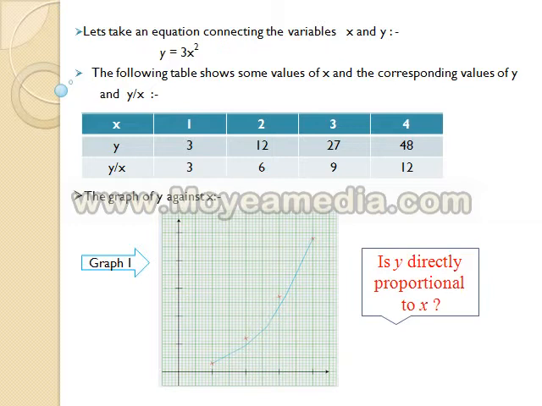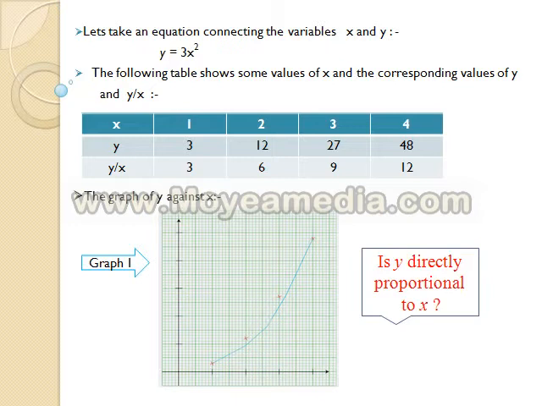Let's see. In the following table you could see I have 3 rows, and in the first column I have x, y and y over x. I took 4 values, and you could take any 4 values in fact.